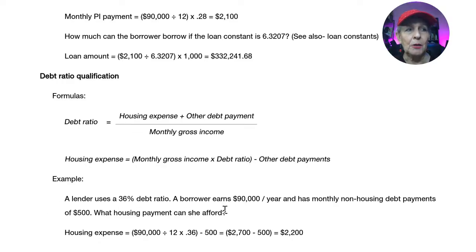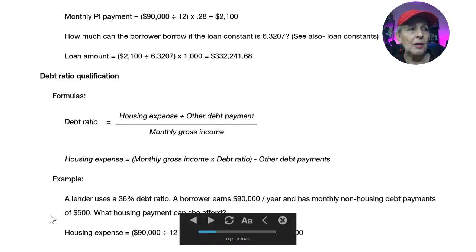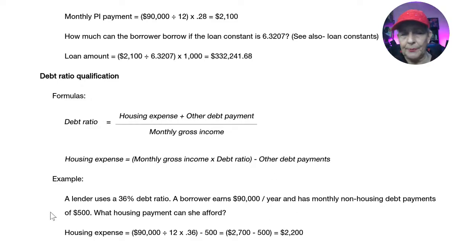A borrower earns $90,000 per year and has monthly non-housing debt payments, which is other debt payments, of $500, maybe a car payment. What housing payment can she or he afford?